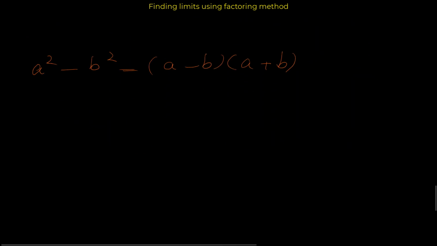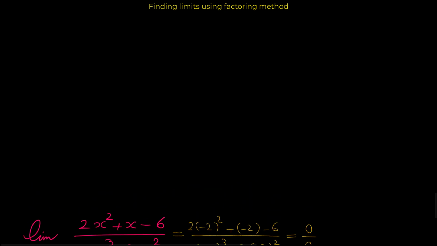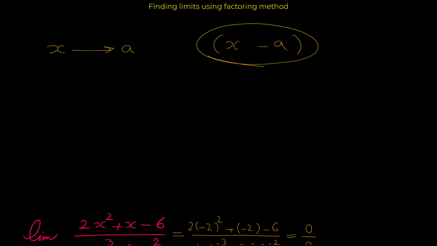So, in general, what we can conclude is, if x approaches a, then we expect to have x minus a in the top and the bottom, and after cancelling that, we can find the limit. So, for example, if x approaches 10, what do you expect to have common between the top and the bottom? Of course, x minus 10.